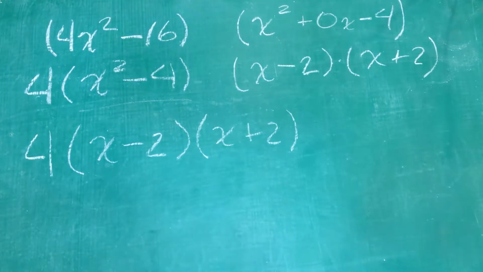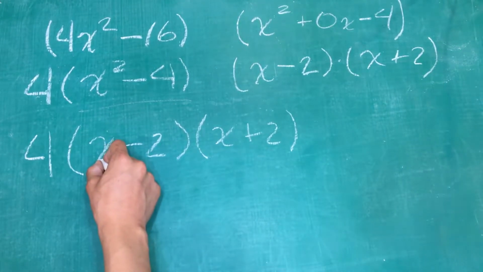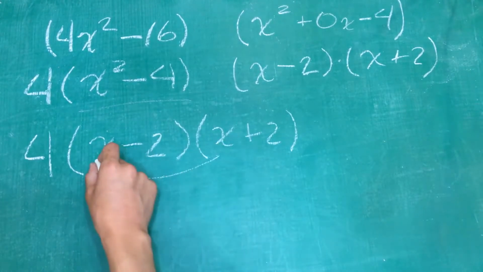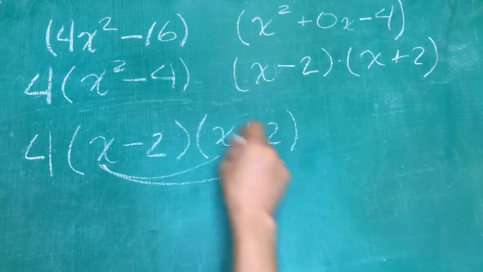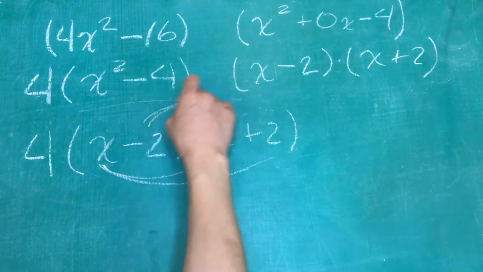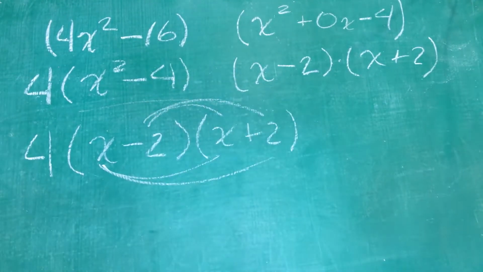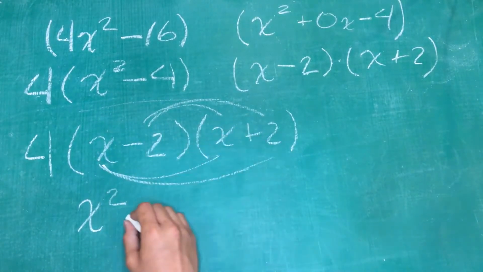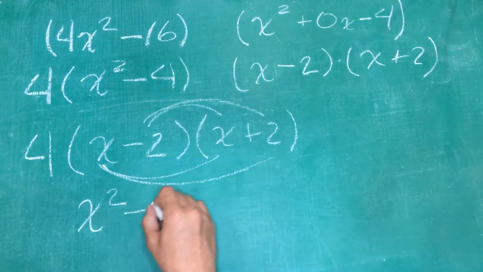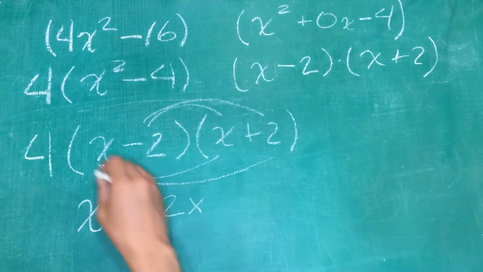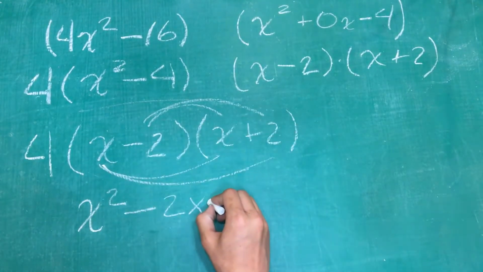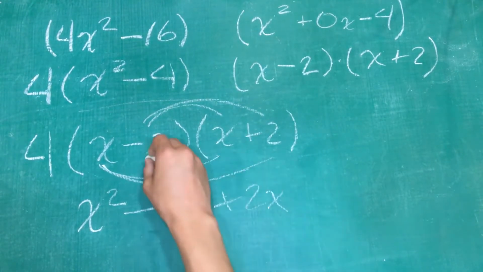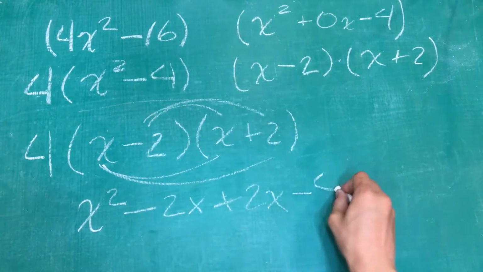Let's test it. If we apply the same process we applied before, check it. x times x, x times positive 2, negative 2 times x, and negative 2 times positive 2. We would get x squared, negative 2x, positive 2x, negative 4.